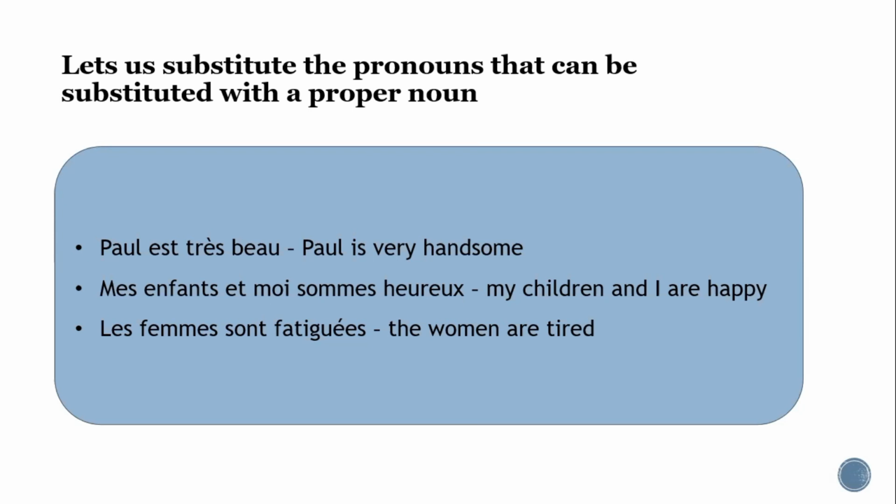And the very last one is les femmes sont fatiguées. Femme means women, and sometimes it also means wives. They use the same word for women and wives. So les femmes sont fatiguées means the women are tired.